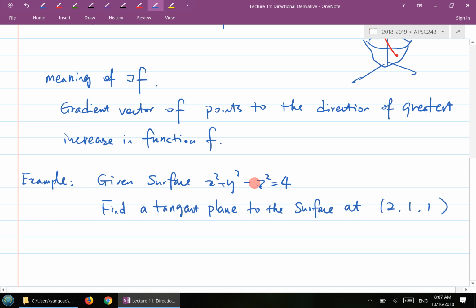This is not the typical kind of surface we usually see. Usually we see the surface as z equal to f(x, y).